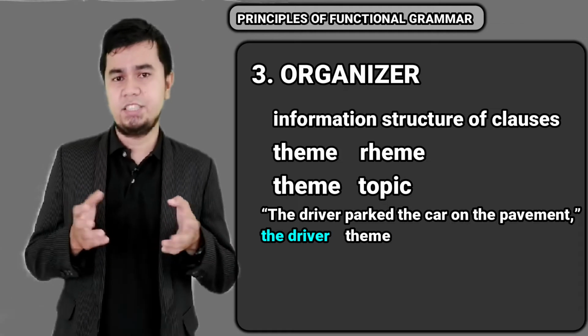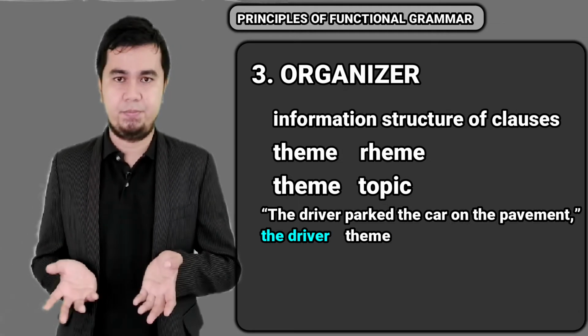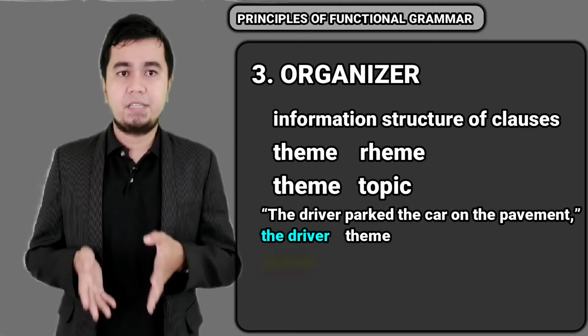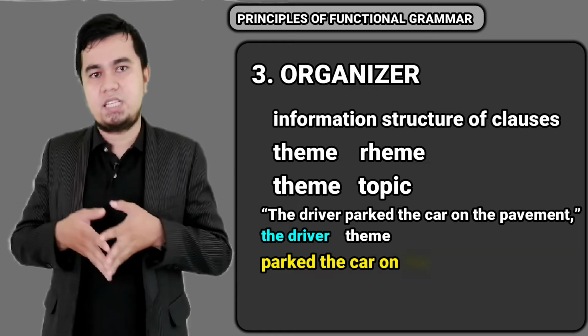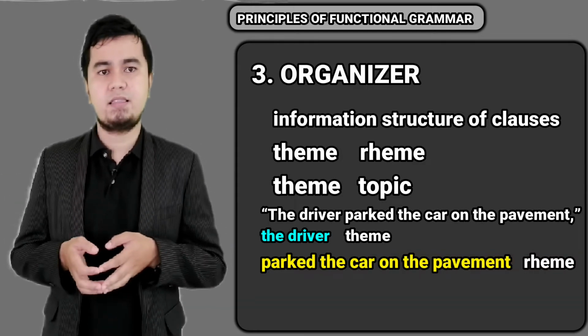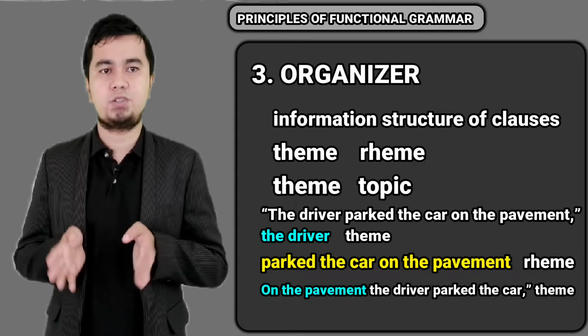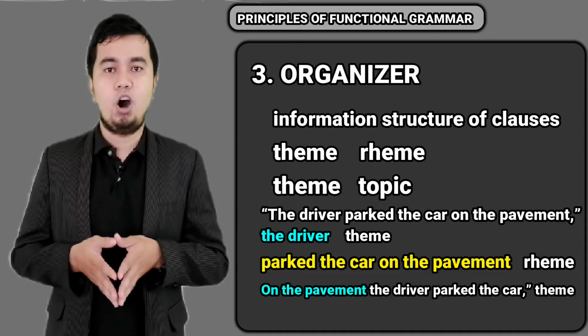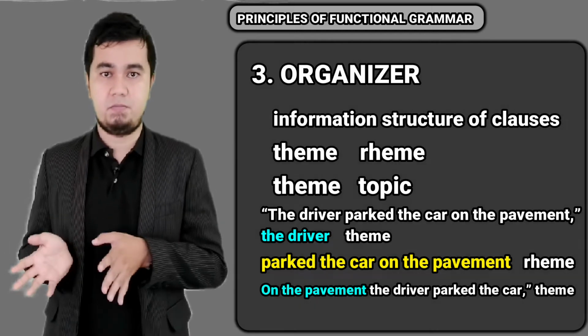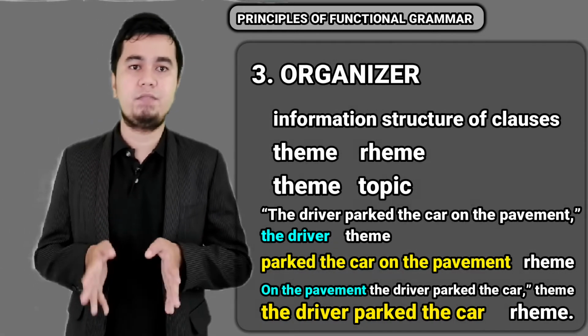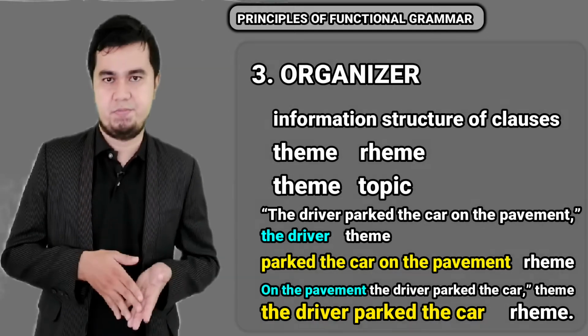Now, the driver is the theme, while parked the car on the pavement is the rheme. In the sentence, on the pavement, the driver parked the car, on the pavement is the theme, while the driver parked the car is the rheme.